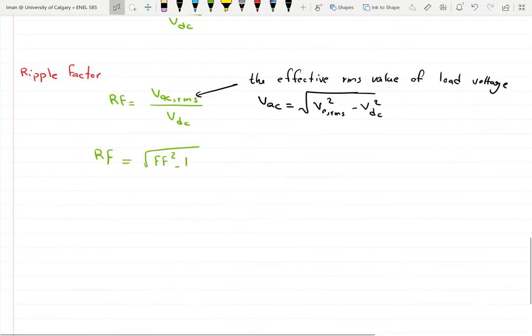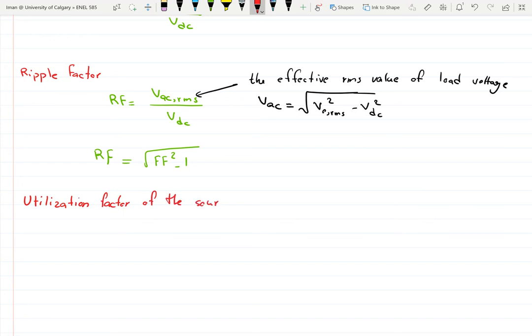And then the last one would be the utilization factor of the source, which can be written as PDC over Vs RMS, which is the input.